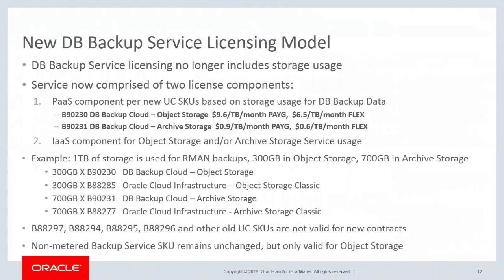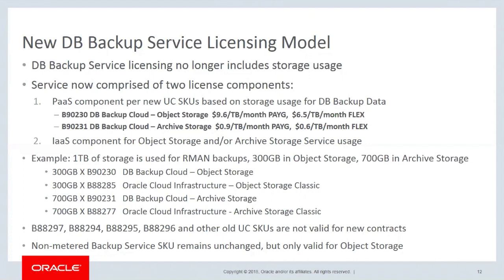This is the target. We're not there yet. At the moment, we're still supporting OCI Classic only. But the plan is to have these SKUs available on any infrastructure. So if you want to go with OCI, you just order this plus OCI storage instead of OCI Classic storage. But we're not there yet. I'll give you more details about OCI later.